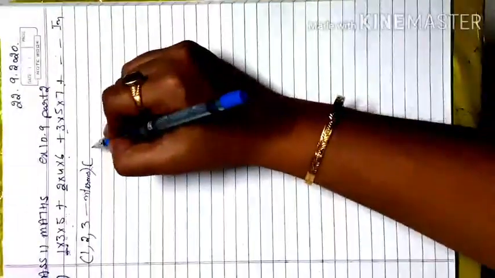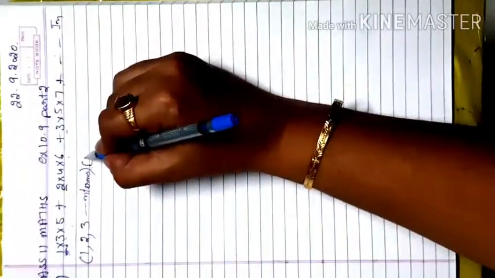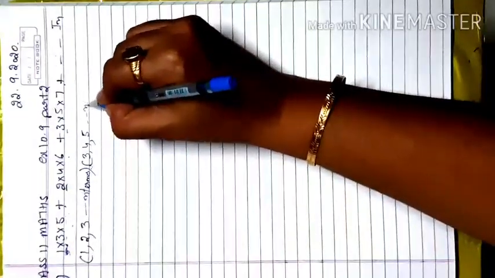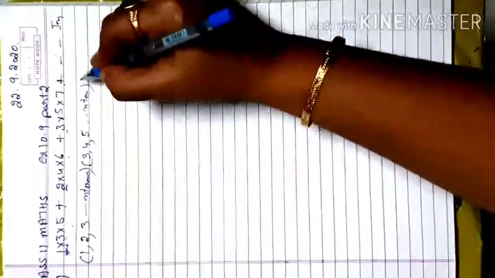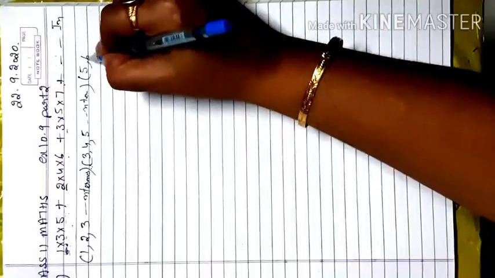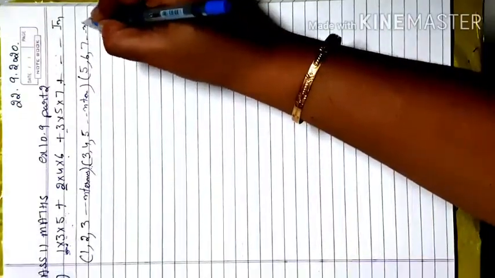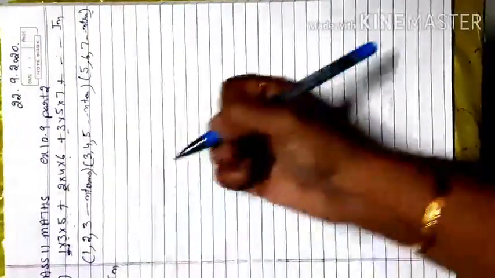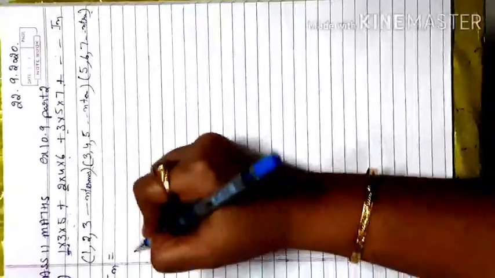First you will separate the sequences like that: 3 4 5 up to n terms, then 5 6 7 up to n terms. Then you have to find the combined nth term of these three.